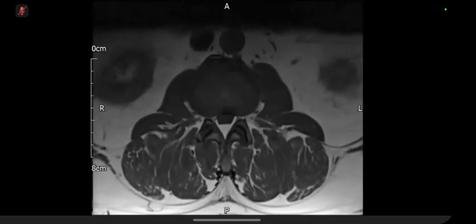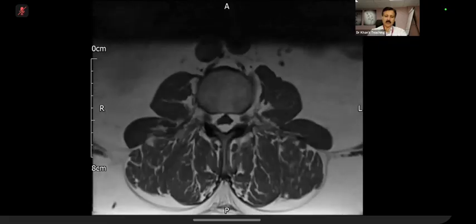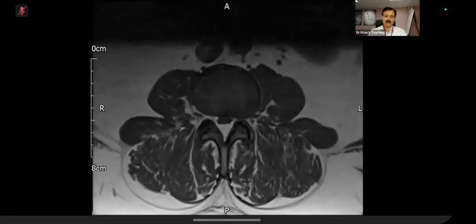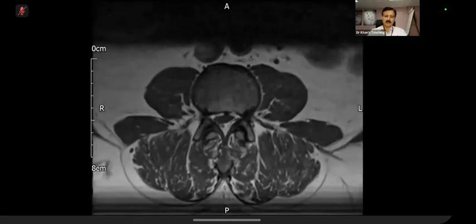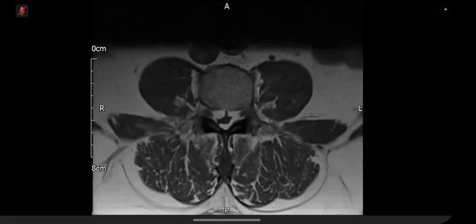So axial now. Look at the thecal sac. Keep looking at the thecal sac. Stop. Right? Please continue now to the next series.